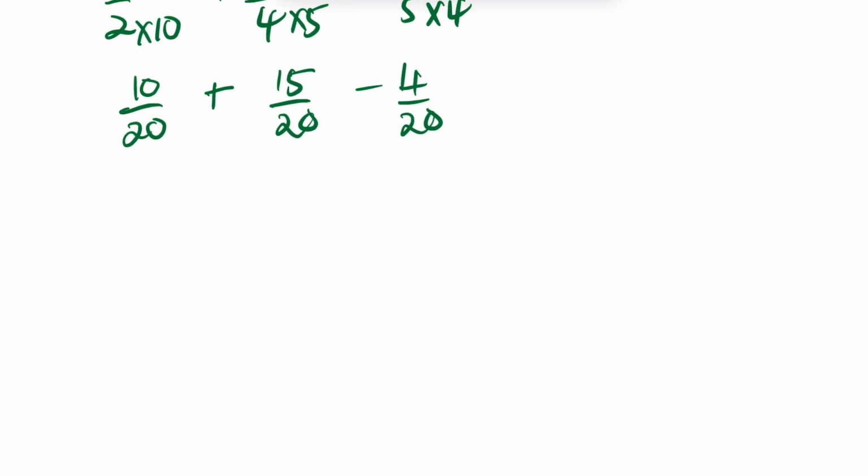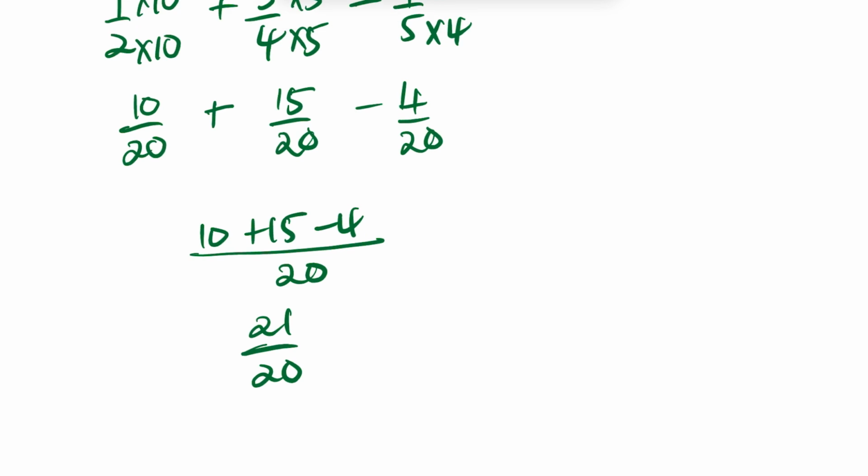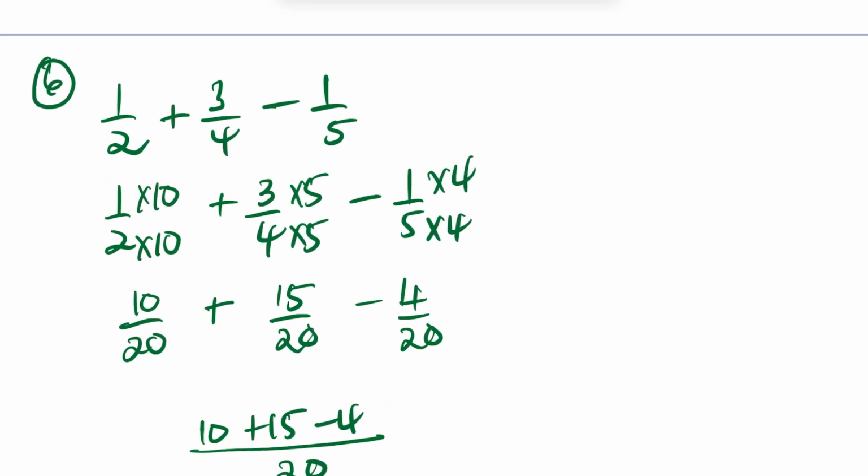Now our denominators are all 20, the same. So I'll just take one denominator there. I'll say 10 plus 15 minus 4. 10 plus 15 is 25. 25 minus 4 is 21. 21 over 20. That's the answer there. I hope that makes sense, guys. Cheers, bye.